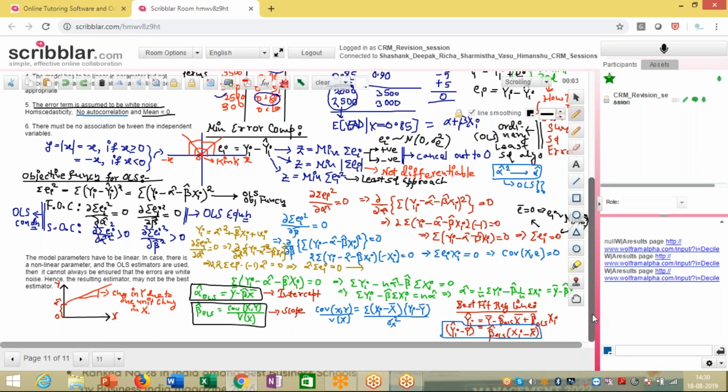And what are the properties that these estimators should have in order to ensure that your regression line is a best fit regression line? So again, we will go back to the role that the assumptions have to play in order to ensure that the estimates that we get are best fit regression estimates. This is something that we'll explore in today's discussion.